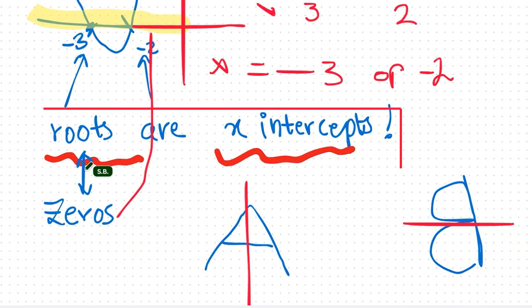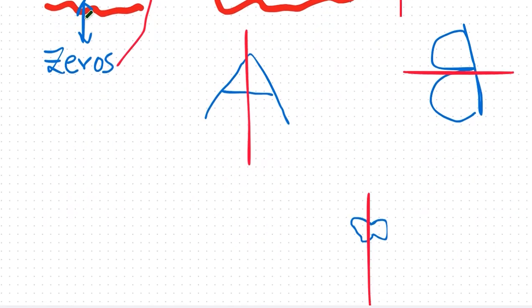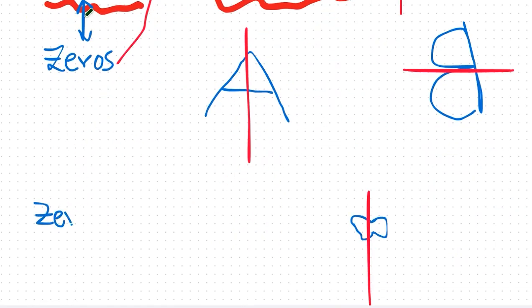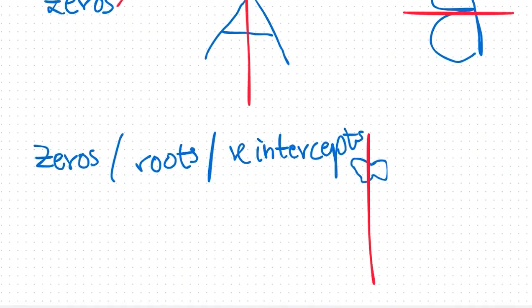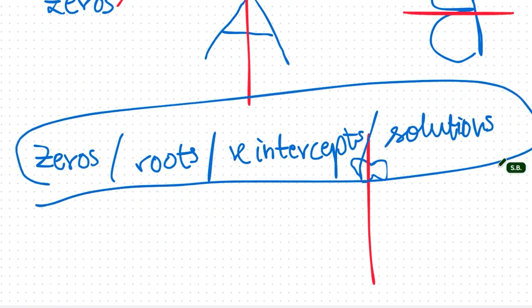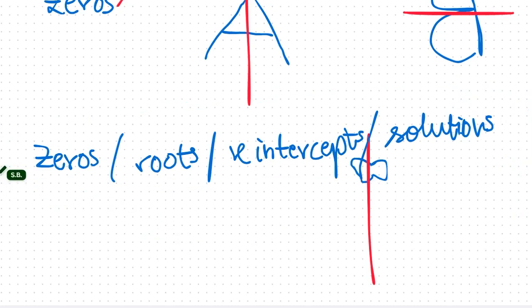As far as mathematics is concerned, for functions, they are synonyms. So I'll write it here: zeros or roots or x-intercepts, they all mean the same. Or solutions. They're all synonyms.